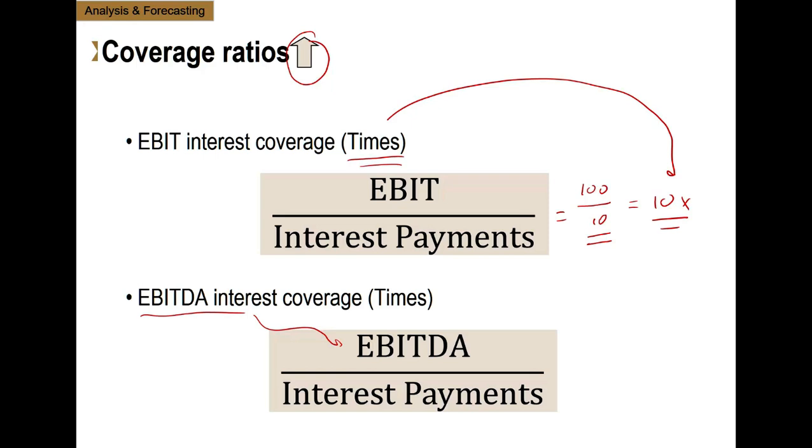So the argument is that if you add back depreciation and amortization, it's a more fair calculation. Either way, these are two ways of estimating the interest coverage, either with EBIT or EBITDA. The traditional one that you will see is usually the one on top, but there are certain conditions under which you can use the one on the bottom. I just wanted to make you aware of that.